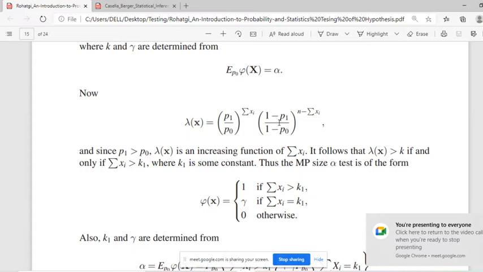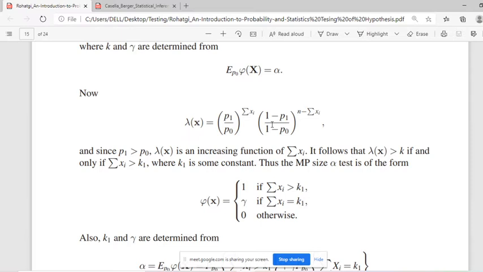Moreover, since the second ratio is less than 1 and its exponent n minus summation xi has a minus coefficient of summation xi, when summation xi is increasing, the first term will be increasing, and the second term will also be increasing. So the entire function lambda of x can be considered as an increasing function of summation xi.